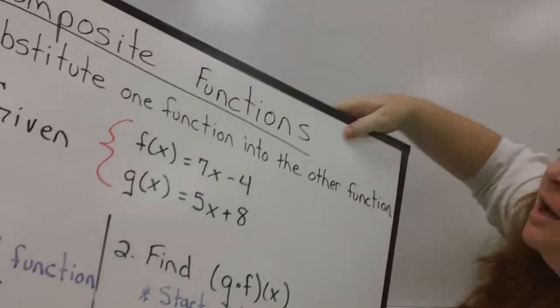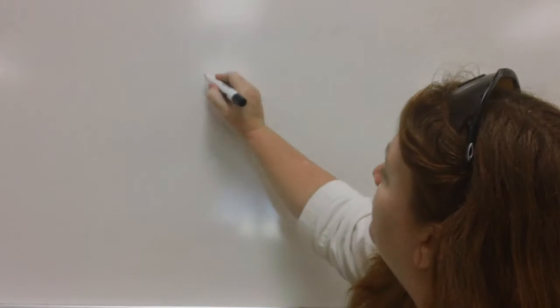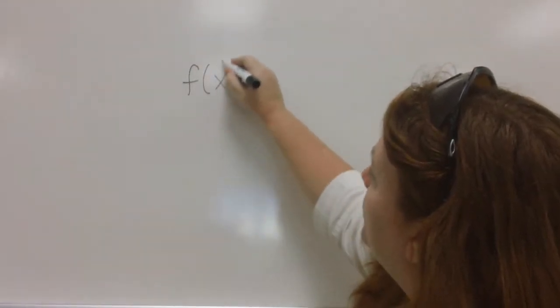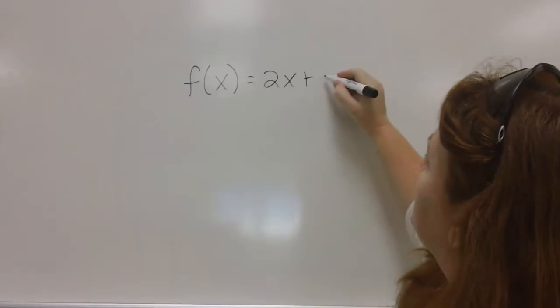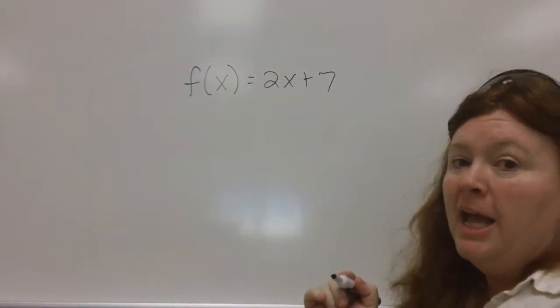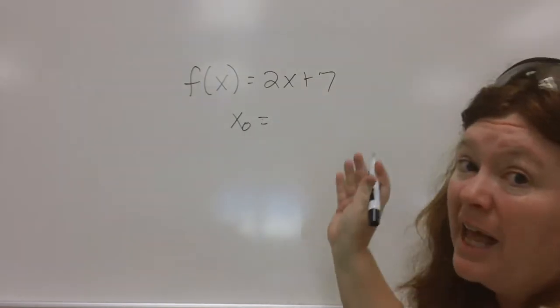And the final concept for this section, this is section 1-2, is iterates. So if I give you a function, let's make up one, 2x plus 7. And I know that x sub 0, because I have to have this information.